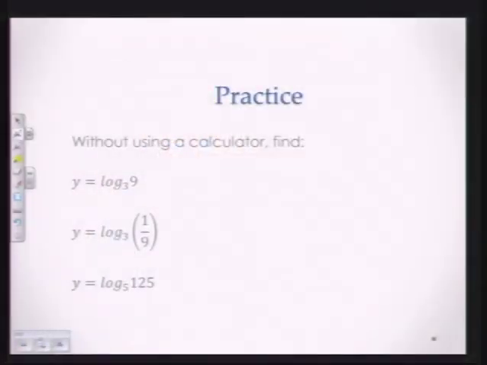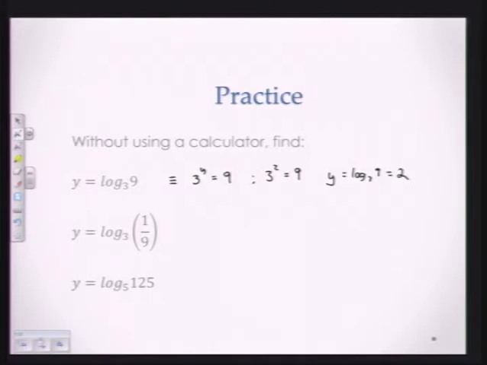We need to change that from that rather strange looking expression to something that most of us better understand, the exponential form, which will be our base 3 to the y equals 9. And we ask ourselves, 3 to what power is equal to 9? And in this case, we picked a very fortunate number because 3 squared is equal to 9. So we would say that y equals the log base 3 of 9 is our exponent, 2.